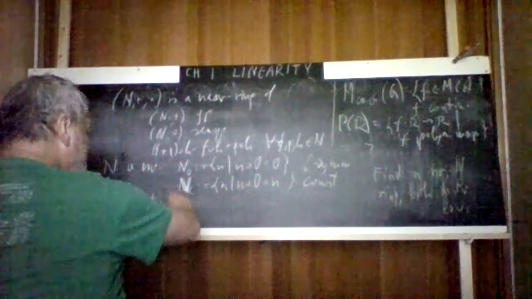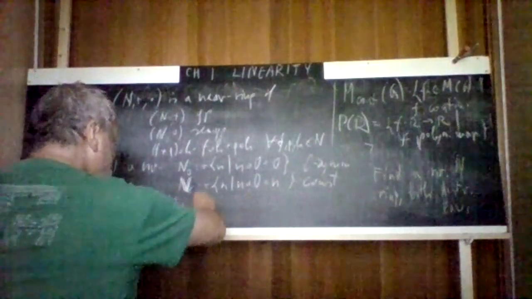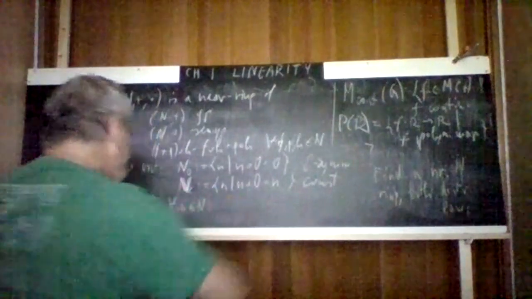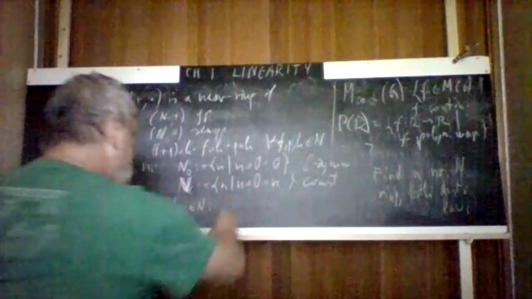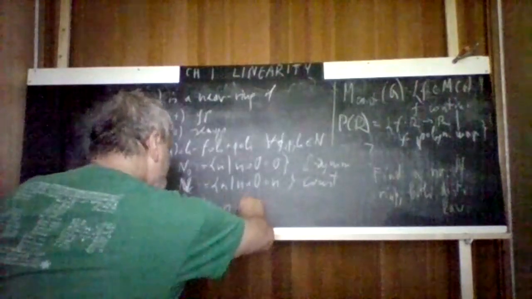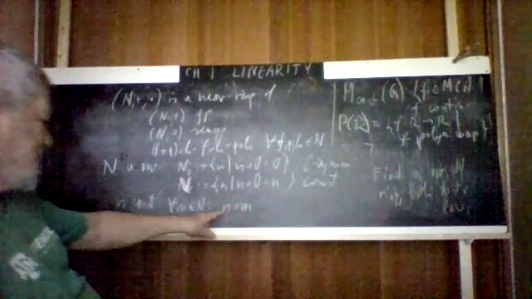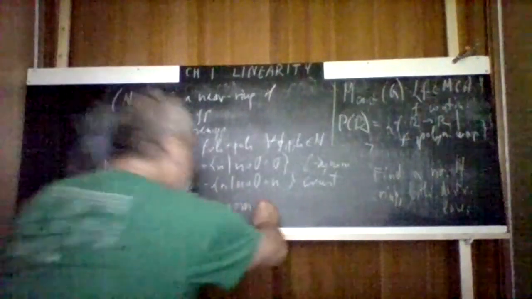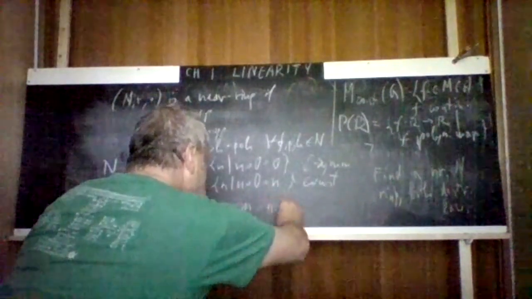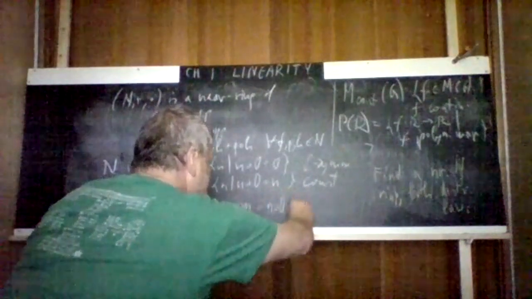Then for all m in N, we can say that n composed with m, and since n is constant, we can write this as n composed with 0 composed with m.